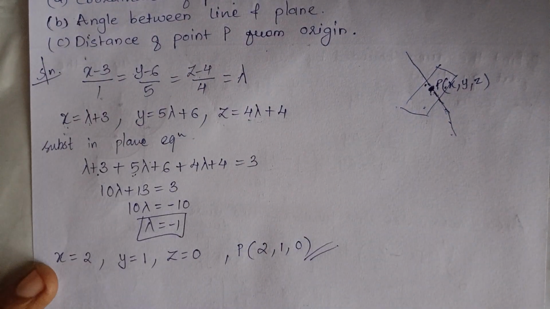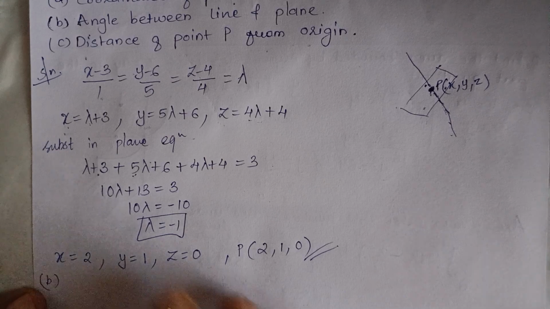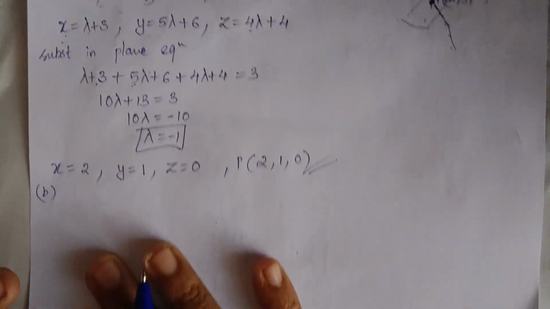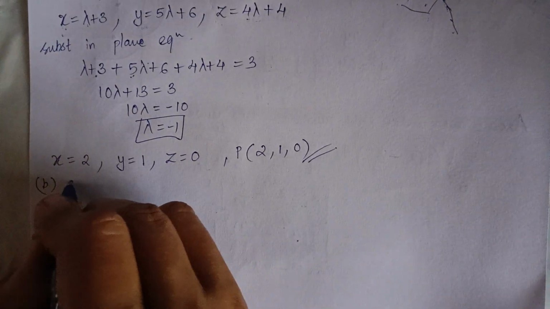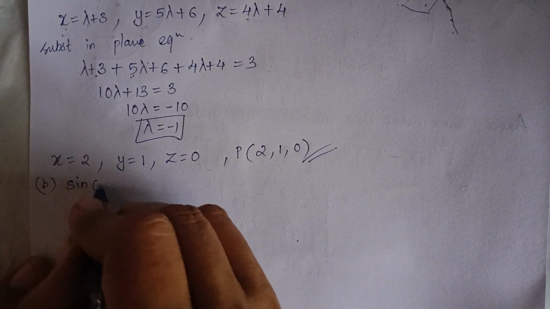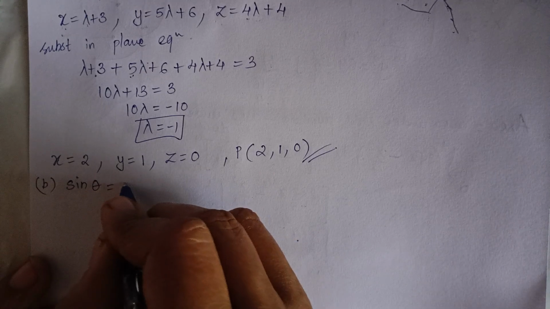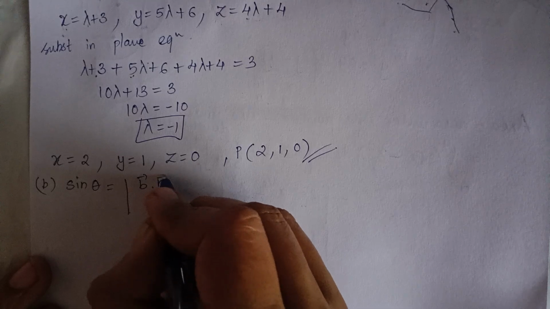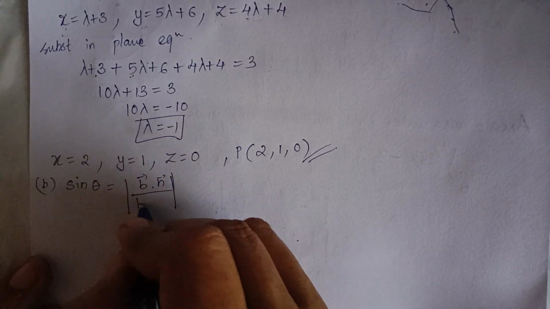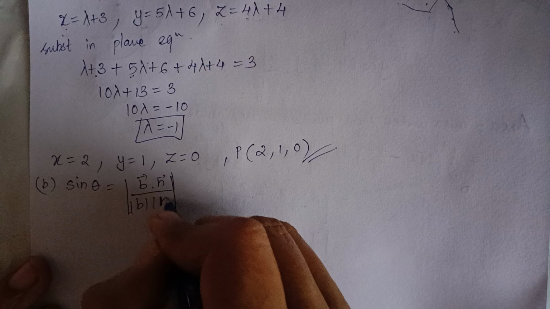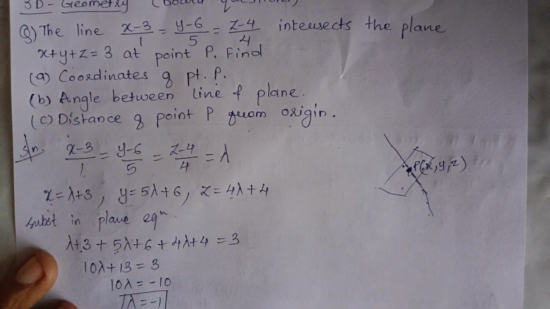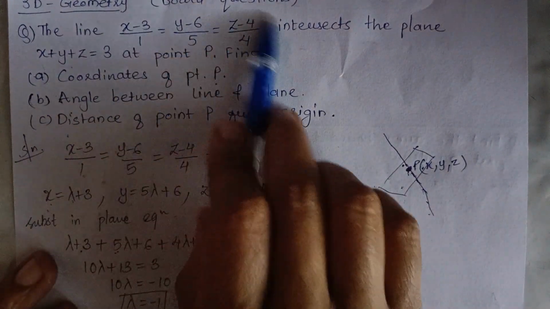Coordinates of the point P. Let's go for the second, that is the angle between the line and the plane. The angle between the line and the plane is given by sine theta equals (b dot n) upon (magnitude of b times magnitude of n). Now here the b vector is our parallel vector in the equation of the line.